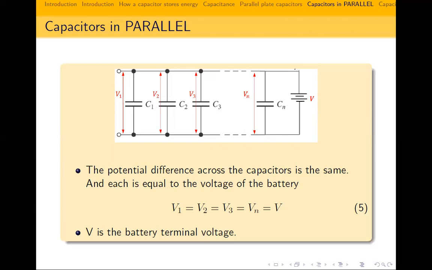If there are only two, then you say V1 is equal to V2 is equal to V. If there are three, V1 is equal to V2 is equal to V3, which is equal to V, and so on and so forth. So here, the concept is that for parallel components, you have the same voltage. So V is the terminal voltage. Let's see what happens next.